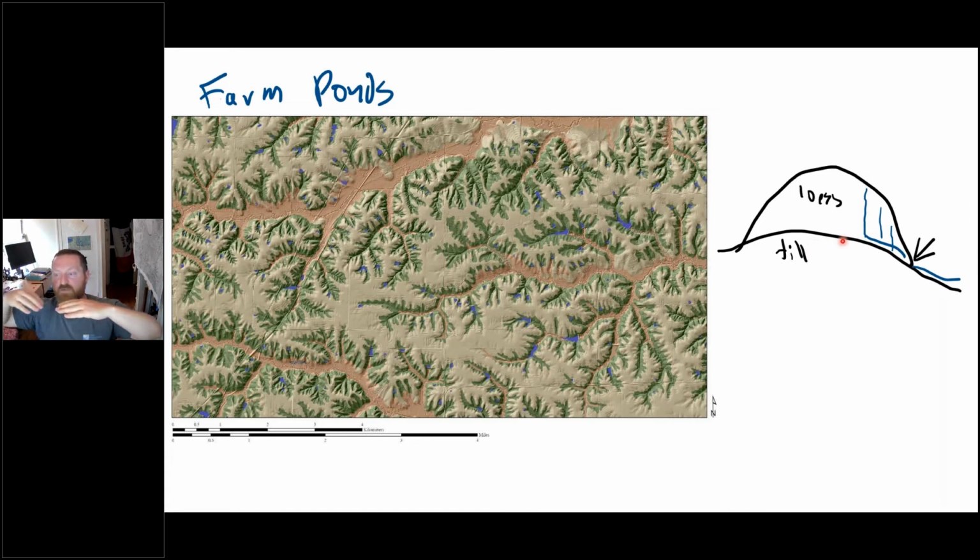So water hits that and flows out. So what that does, where the loess and till meet, it forms seeps or springs. And once you dam those up, you can get a nice, beautiful little farm pond where you can go catch bass or frogs or whatever you want to do.